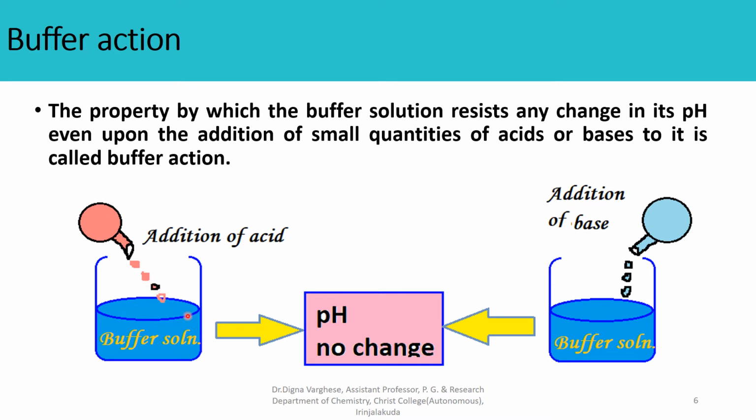There is no pH change. Such property of the buffer solution is known as buffer action. So, buffer action is the property of a buffer solution which resists any change in its pH even upon the addition of small quantities of acids or bases.